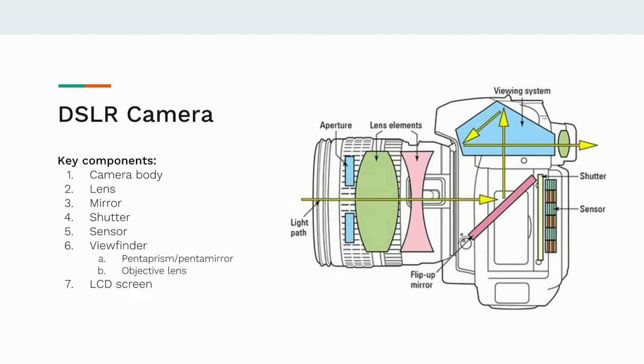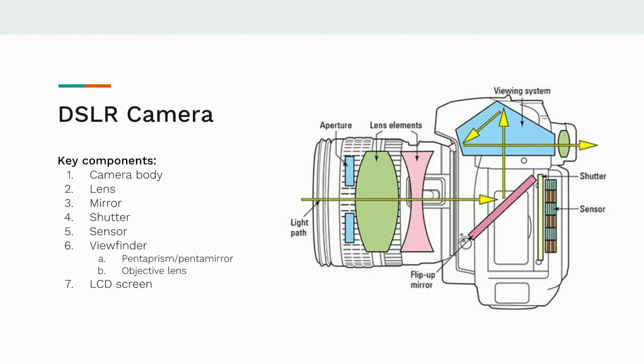The first, of course, is the camera body itself. Number 2 is the lens. Number 3 is the mirror inside the camera body that opens and closes. Number 4 is the shutter, which similarly opens and closes to let light in and reach the sensor. Number 5 is the sensor, which converts light energy to electrical energy.